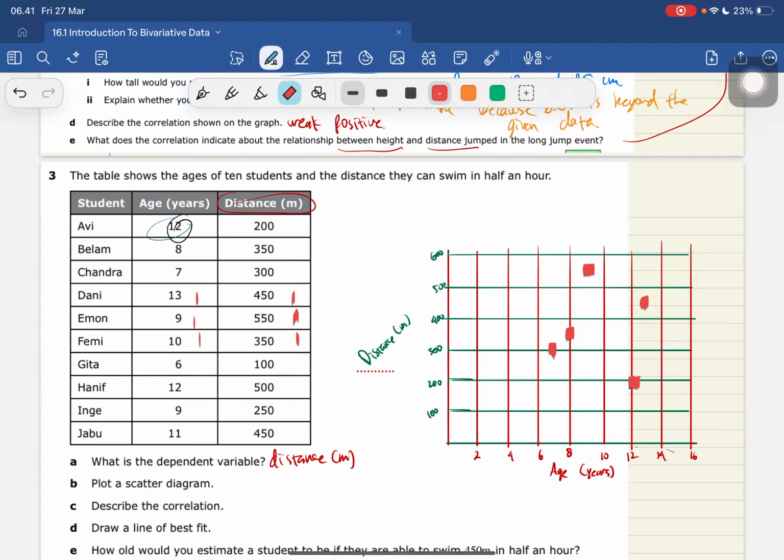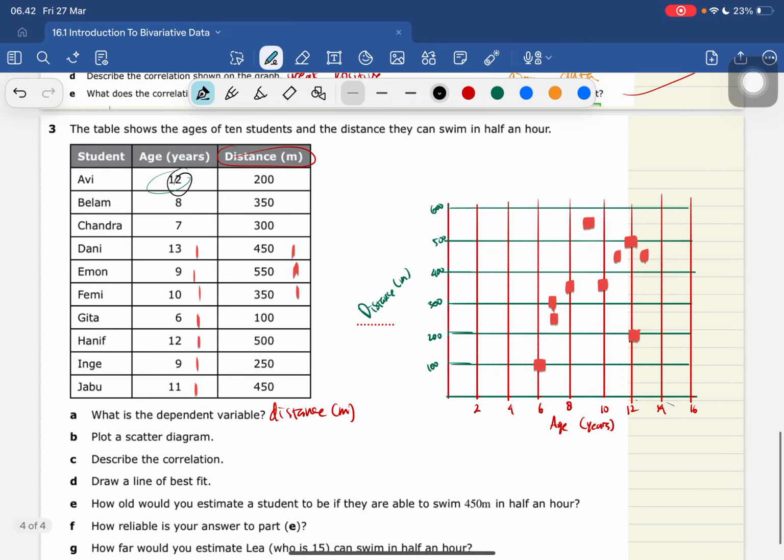Age of 10, 350. Age of 6, 100. Age of 12, 500. Age of 9, 250. Okay. Age of 11 is 450, which is here. Okay, there it is, the scatter.